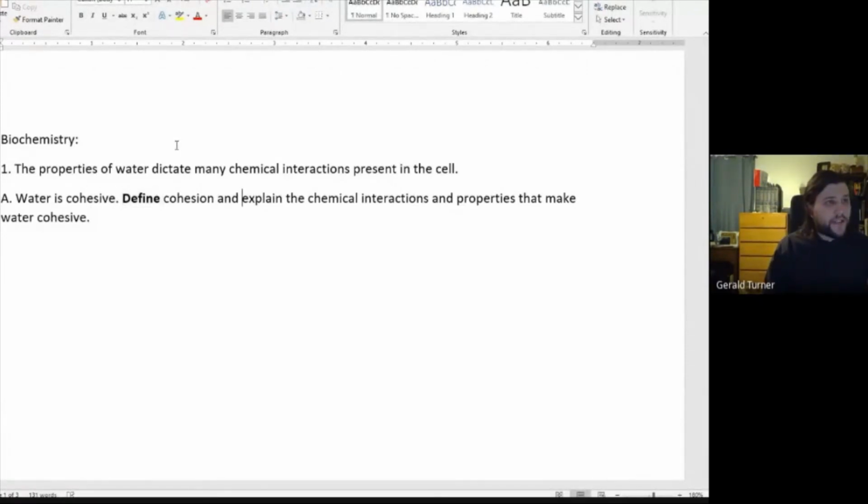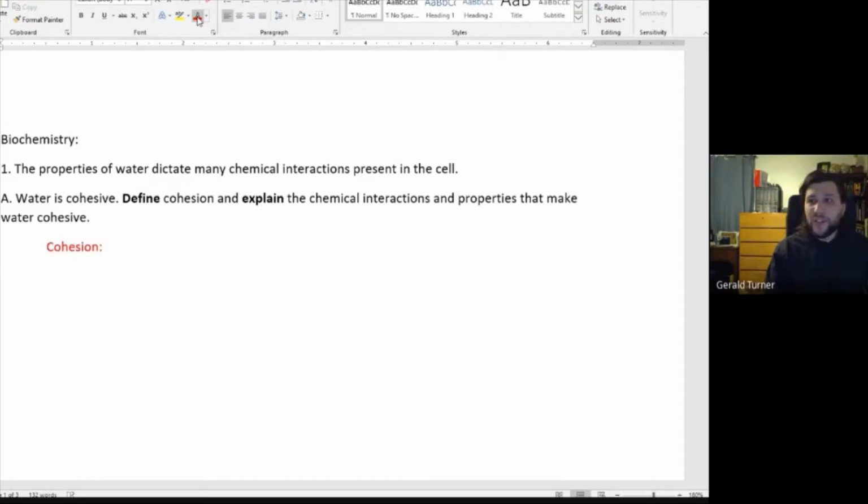And they're asking us to define and explain the chemical interactions and properties that make water cohesive. So first thing we want to do is figure out what is actually meant by cohesion. Going way back to our biochemistry unit, cohesion would be the property where water sticks to itself.